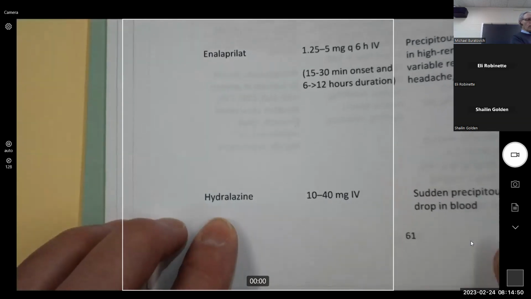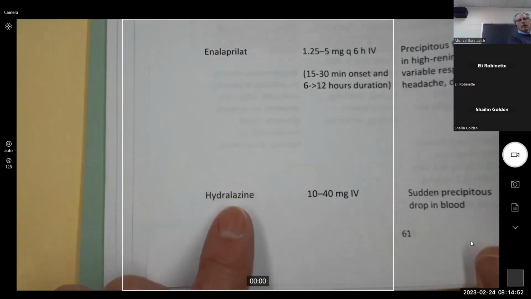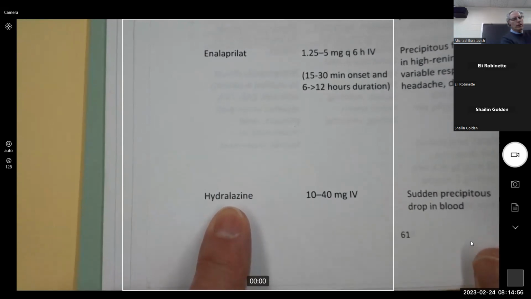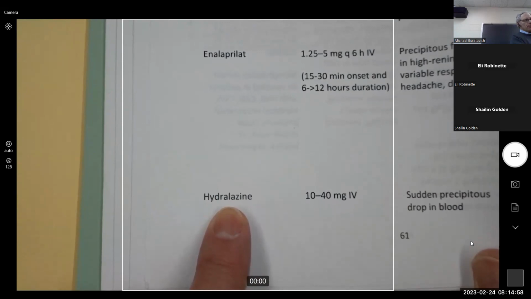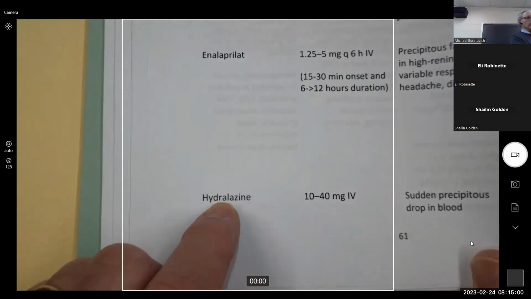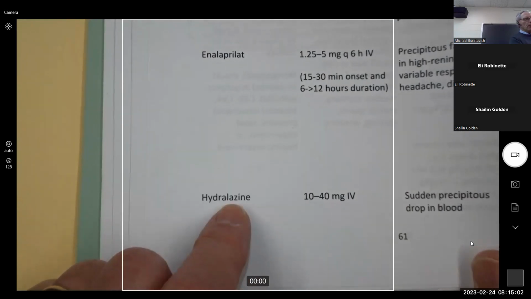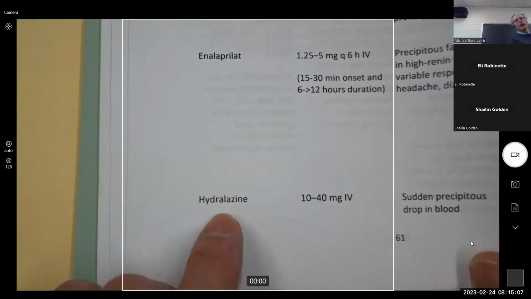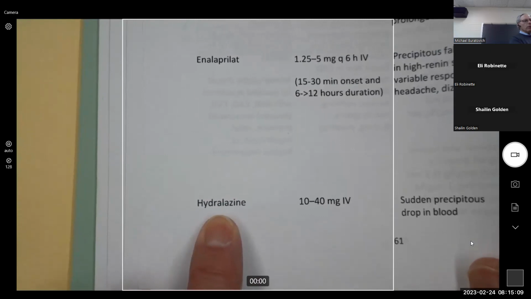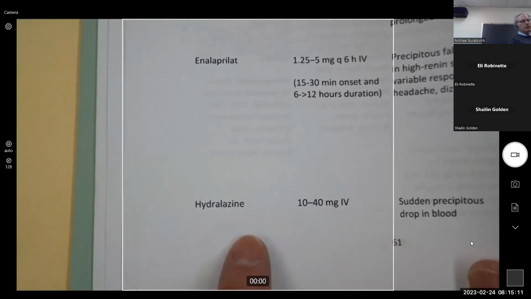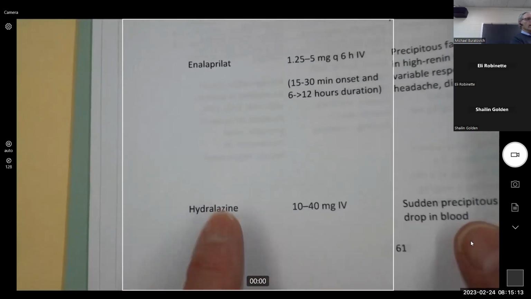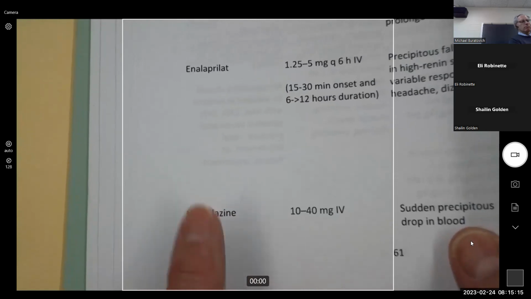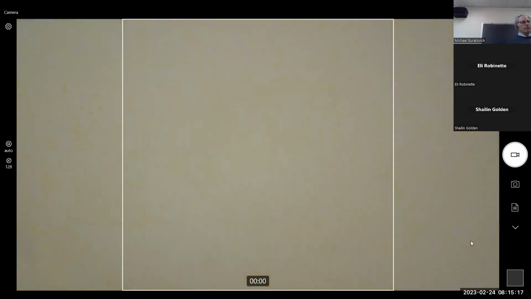Hydralazine is another drug that can drop blood pressure pretty precipitously. It will usually cause a pretty remarkable increase in heart rate as well. Low concentrations of this drug can be given routinely for blood pressure, but it'll cause a pretty precipitous drop in blood pressure typically. That's another miscellaneous vasodilator.